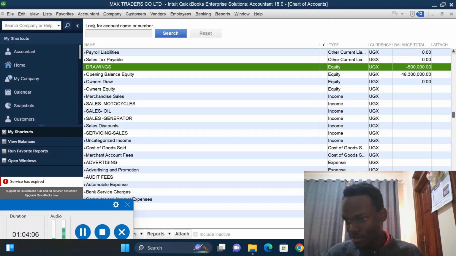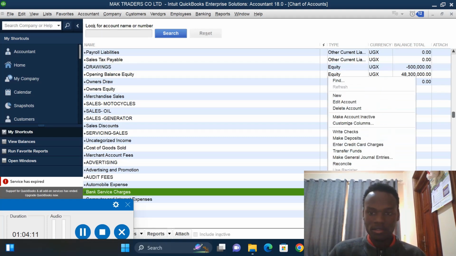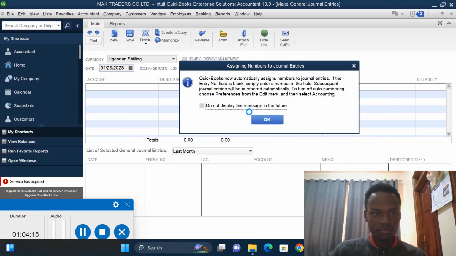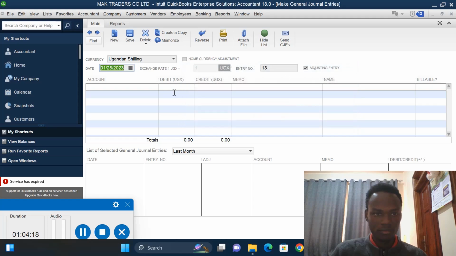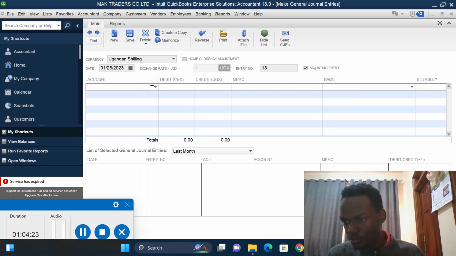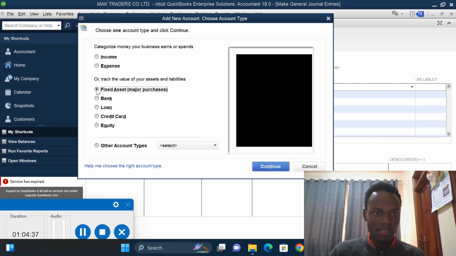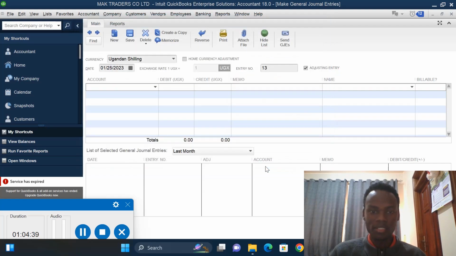So the next transaction also says bought a computer for office use at 2 million. So we'll still create a general journal. So we shall create an asset because a computer is an asset.